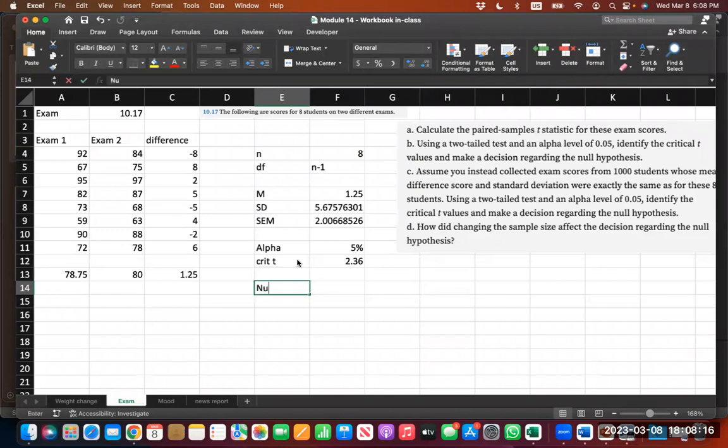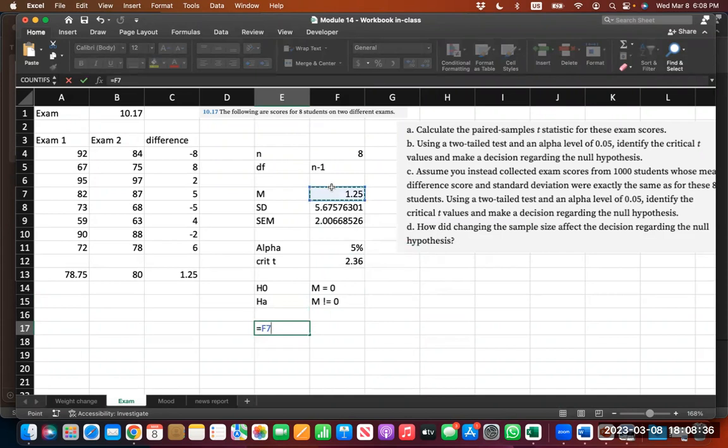What else do we need? We need the null hypothesis, H0, which is basically our M equals 0. Our HA is M does not equal 0. And then all we need to do is calculate our M minus 0 divided by the standard error of the mean.